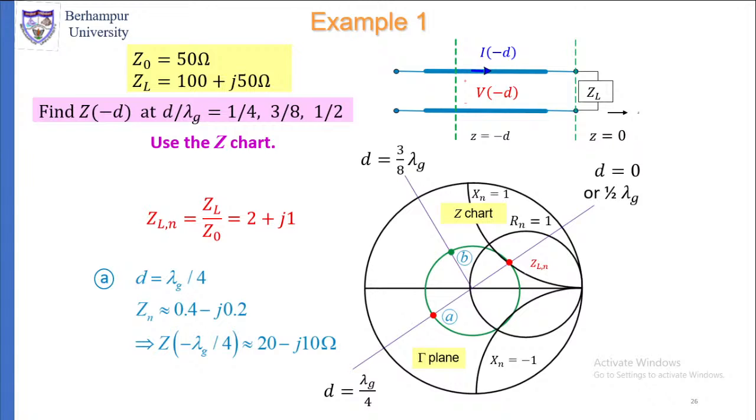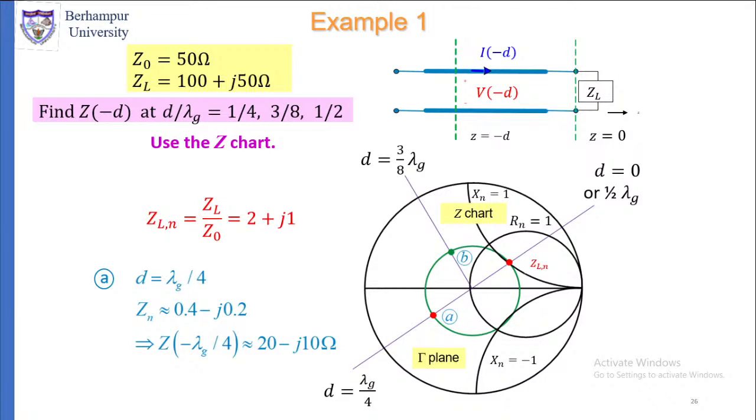These are two important conclusions that we have seen from the transmission line theory, in which we have seen the expression for input impedance: Zin is equal to Z0 times (ZL plus j Z0 tan beta L) divided by (Z0 plus j ZL tan beta L). From that equation, we can always infer these two conclusions.